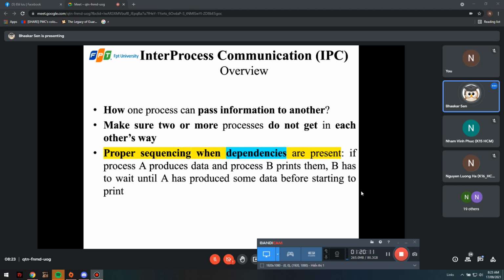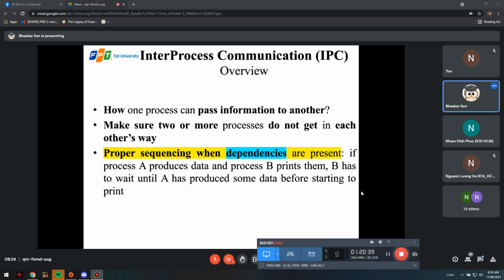Once the value of y has been calculated, it is passed to program B, which simply prints it. So program A generates a value which program B is supposed to print.